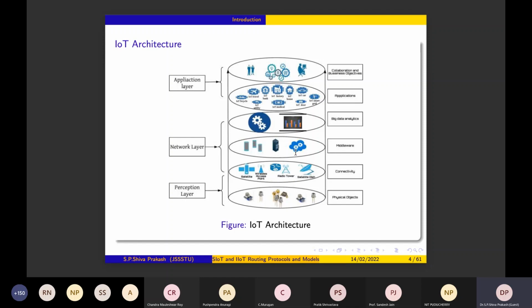As a developer, we start with an application base. We think about some application where exactly this model or protocol has to be applied. Under the perception layer, you have a set of physical objects.